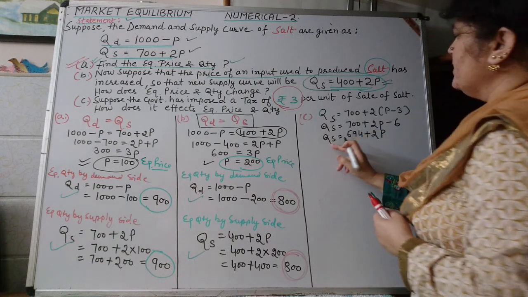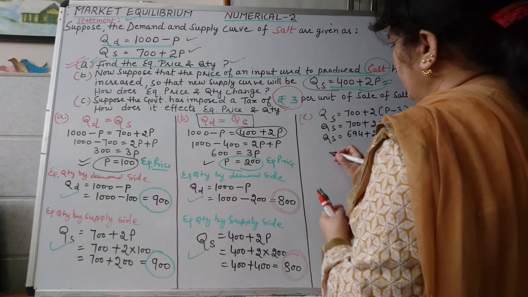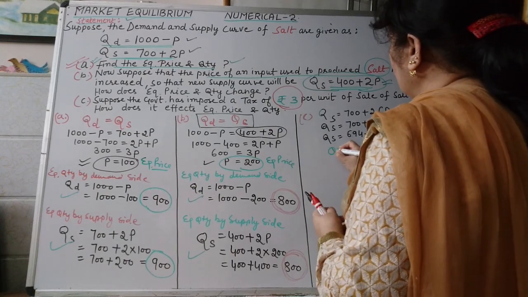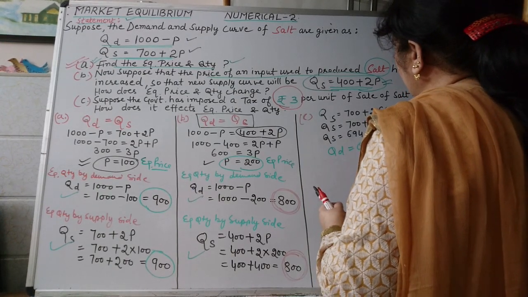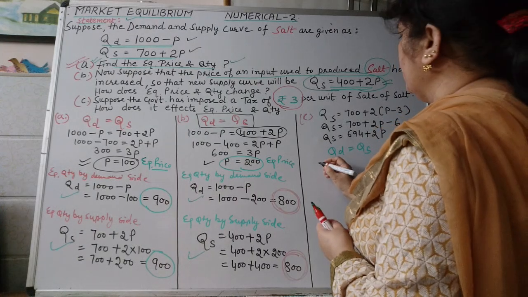This is the equation of quantity supplied, and we know that QD is equal to QS. So let us find out the equilibrium price.